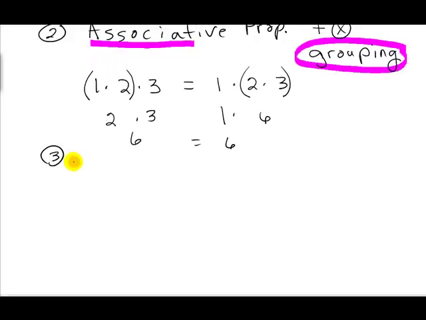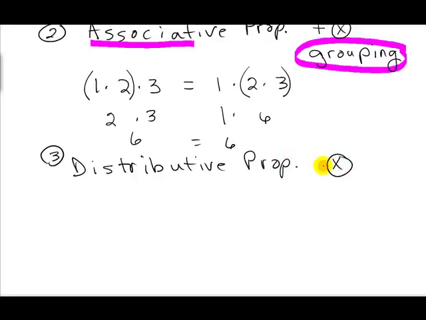The third property that we are looking at and that we will use through this semester is the distributive property. The distributive property involves multiplication. It starts out looking like this, and then we distribute.